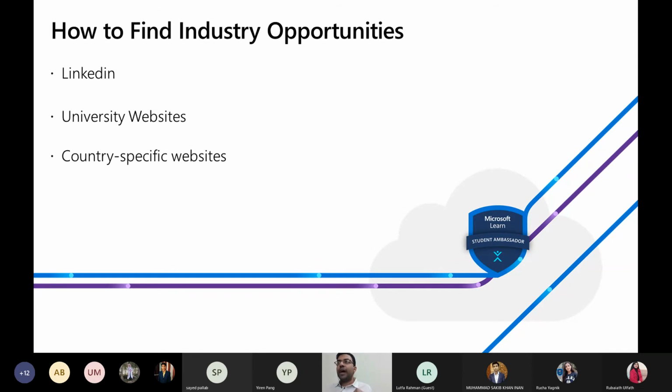They are allowing overseas students to work from home, and that is a very good opportunity. So you can do that as well. For example, if you are trying to target some Australian research organizations, there are certain websites like seek.com.